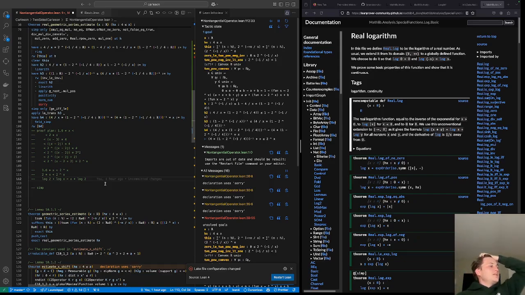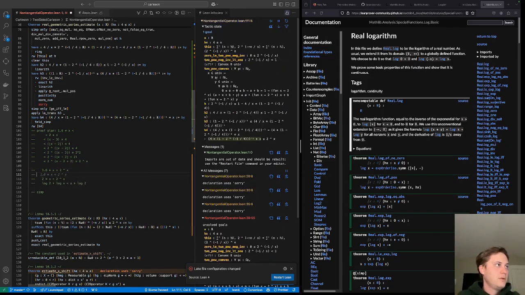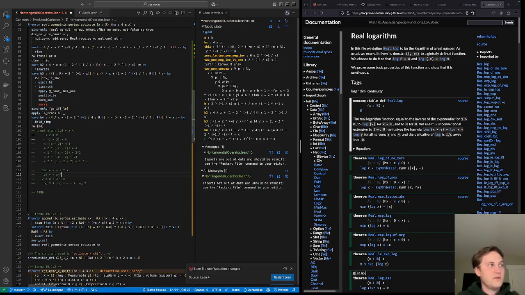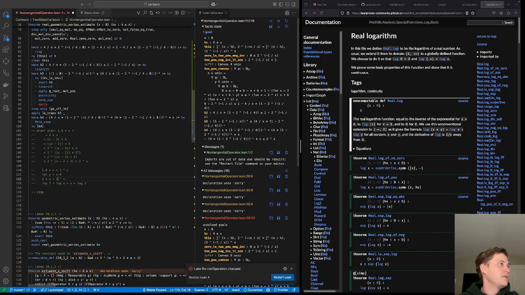This is annoying, let me switch to y. Let y equals x minus 4. So y is the positive thing. So what we need is 2 of x minus 4 is less than 2 to the power x minus 4.